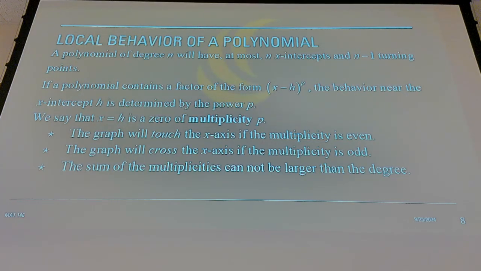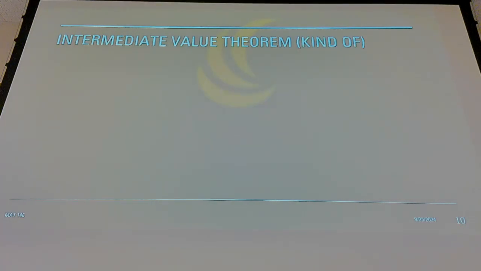So whenever we get a result in mathematics that has an actual name, that generally means it's extremely important. The intermediate value theorem, kind of. This is not the actual intermediate value theorem.